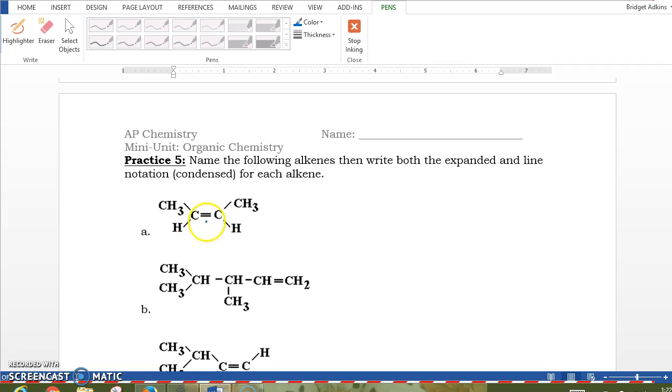And if you look at A, you'll notice the double bond, so we know we're dealing with an alkene. And the way they've drawn it, you can actually tell if it's cis or trans. So remember that you've got these guys on the same side of the double bond, and this is fixed because of that pi bond overlap. So we've got 1, 2, 3, 4 carbons. So we know that this is butene.